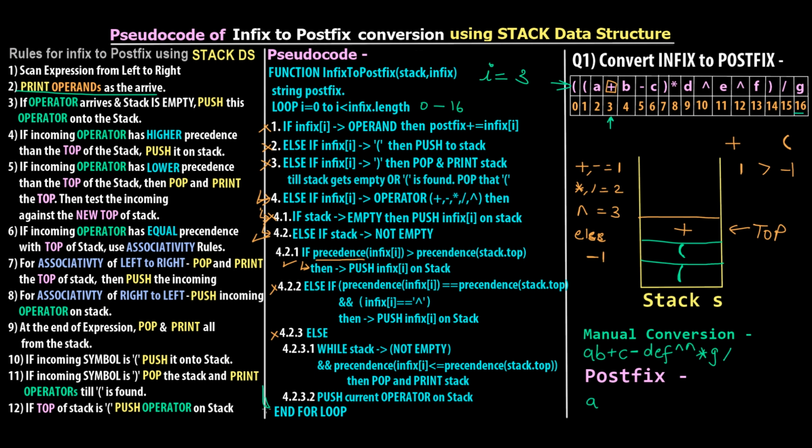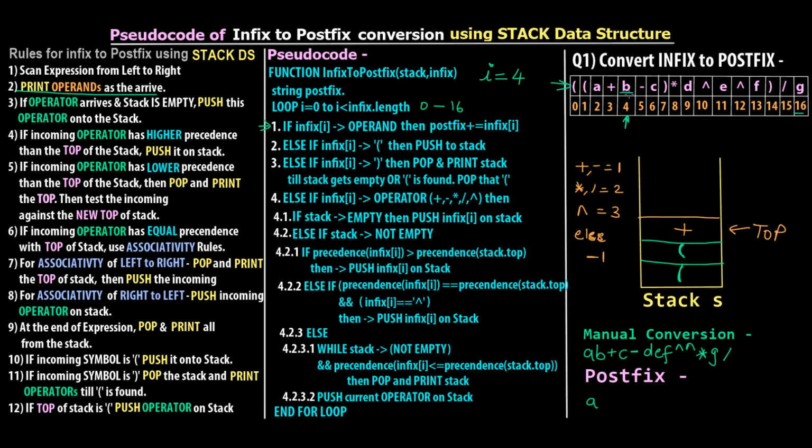We will come at end of the for loop, that is the outermost for loop. We will go at the top, and now I will become 4. So let's make I equals to 4. So when I becomes 4, we will be at index position 4, which is an operand. So obviously the first part of this pseudocode will be executed. The first part checks if the infix is an operand. Yes, it is an operand.